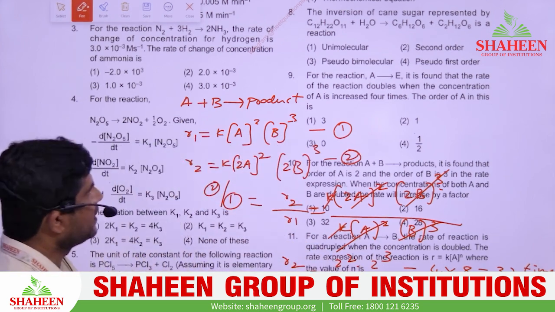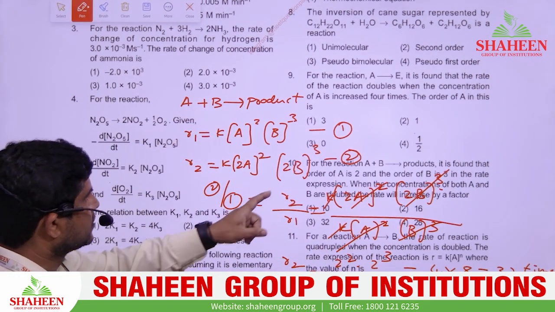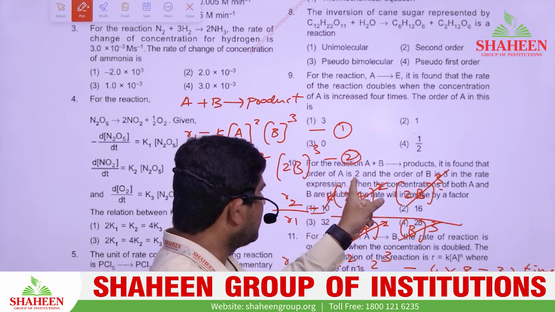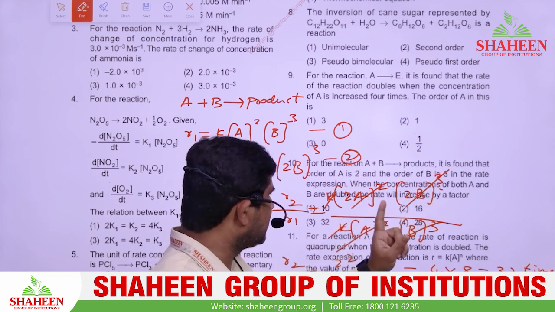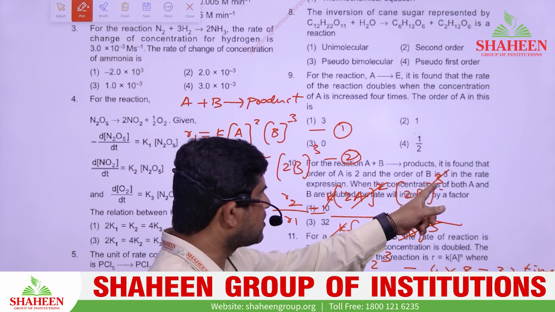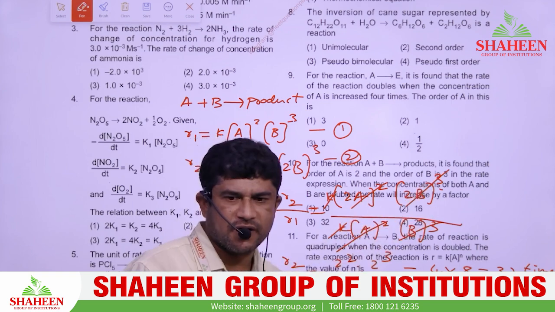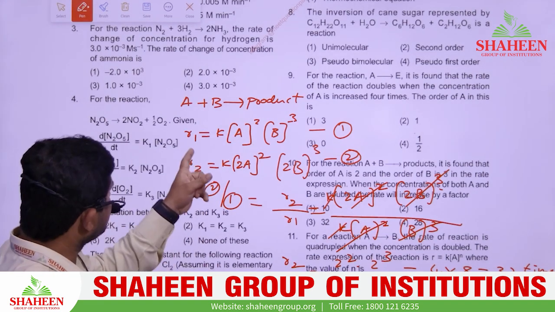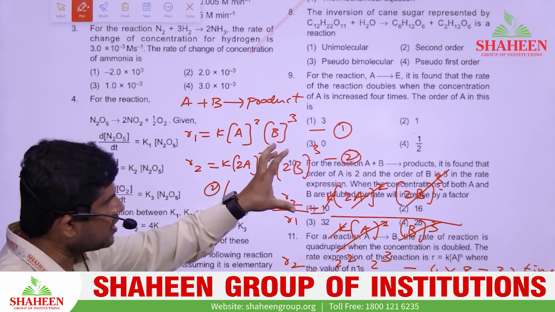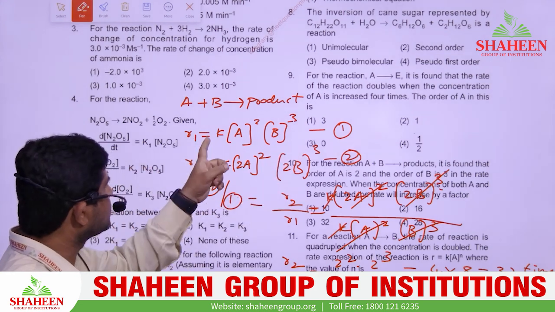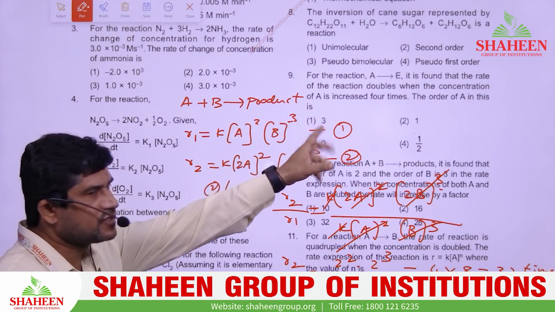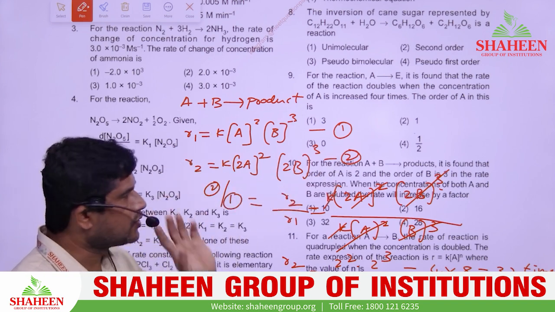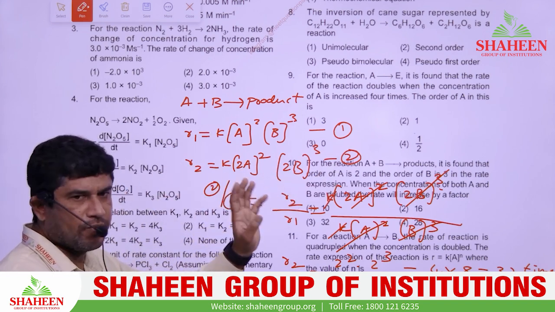So here, for the reaction A plus B gives products, the order of A is 2 and the order of B is 3 in the rate expression. When the concentration of both A and B is doubled, the rate increases by what factor? First we have to write the rate expression according to the data given in the problem. So R1 is equal to K[A] power 2 [B] power 3, this is equation 1. R2 is equal to K (2A) square (2B) power 3, this is equation 2, because the concentrations of A and B both get doubled.